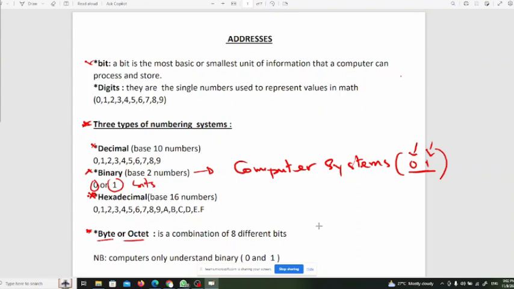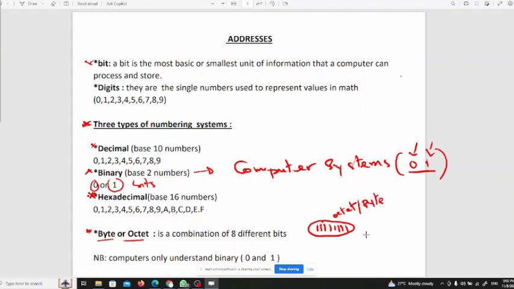So if you have a combination of 8 bits like this, for instance 1 1 1 1 1 1 1 1, that makes 8. So 1 here is a bit, and a combination of 8 bits like this, we call an octet or byte.